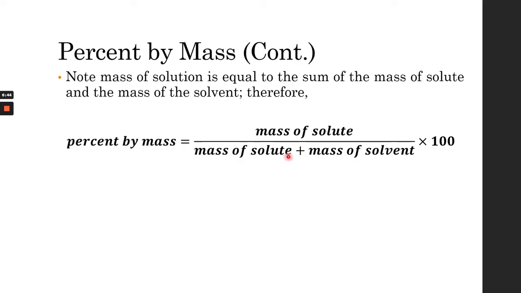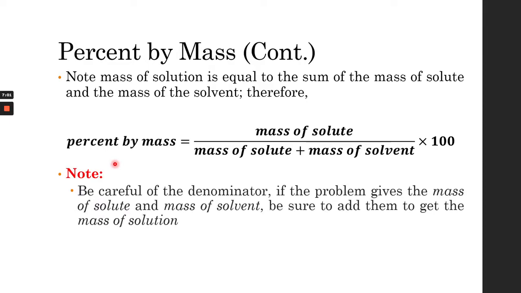By adding these two, you can get the mass of your solution. And then by getting the mass of the solute divided by the mass of the solution and multiplying it by 100, you'll get the percent by mass.